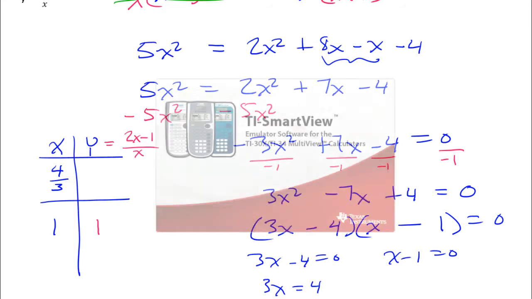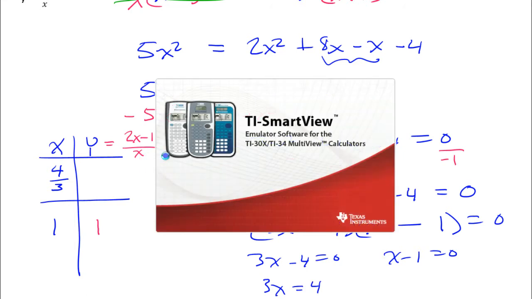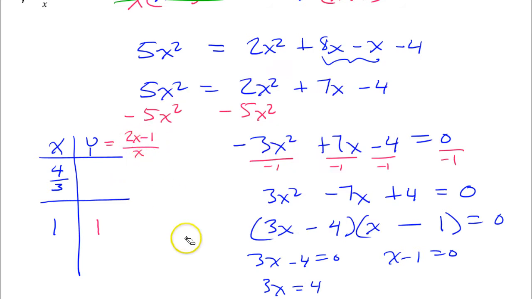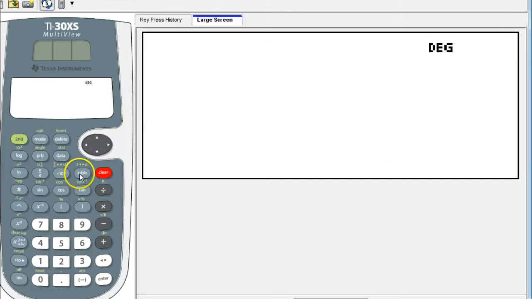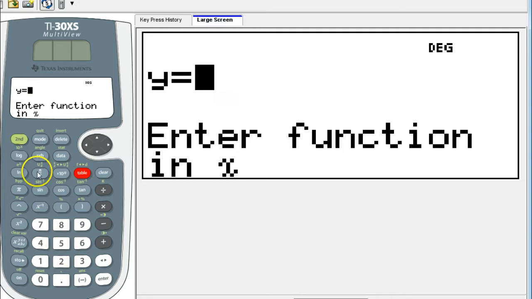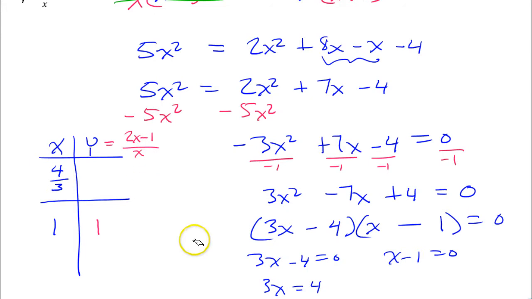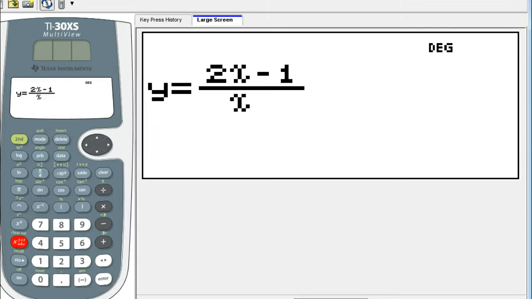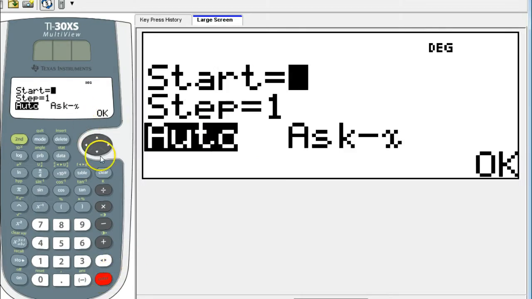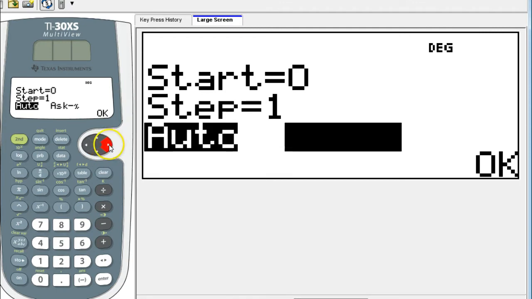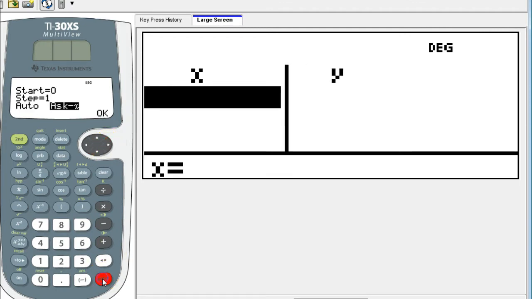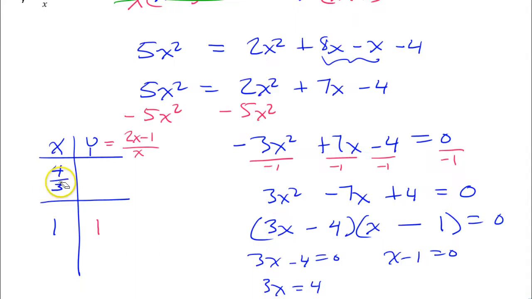but with 4 over 3, it's going to get a little messier. So now would be a good time to see what it looks like if you're using your calculator to help you out. So let's see, we have 2x minus 1 over x. So let's go into table mode. So we have 2x minus 1 over x. I'm going to use Ask X mode to do this, especially since I have a fraction to deal with.